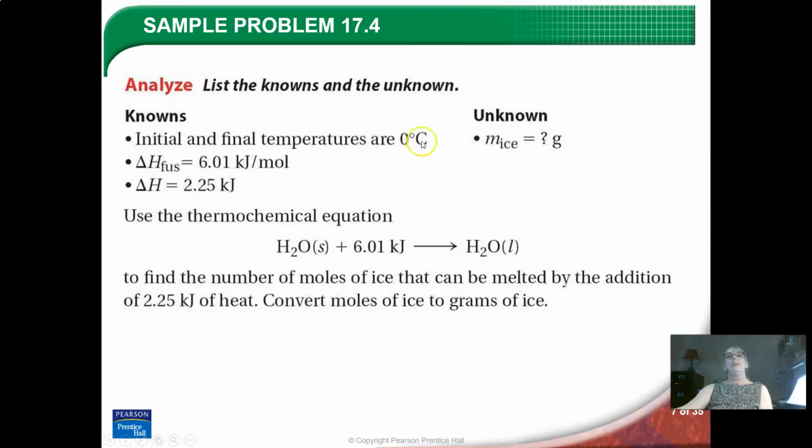We're not changing temperature because we're at a phase change, so the temperature doesn't change. This is what's happening: we have solid, we're throwing that much heat in there, and we're turning it into a liquid. We want to find the number of moles of ice that can be melted by doing this. So we're going to have to change moles into grams so that we can do this problem.